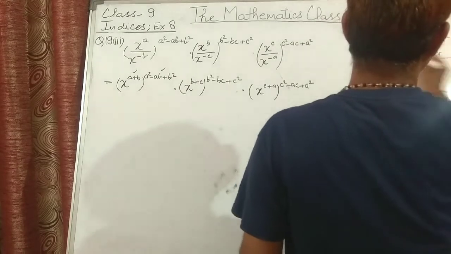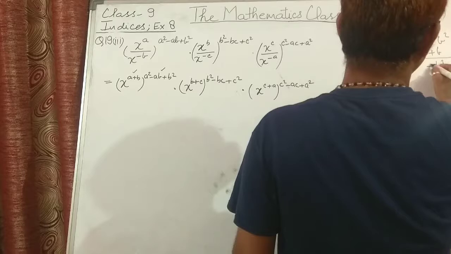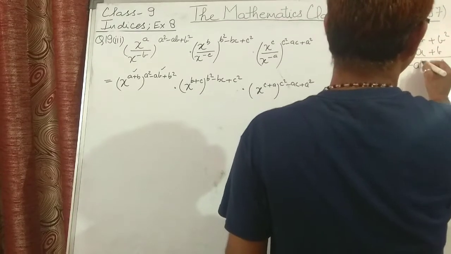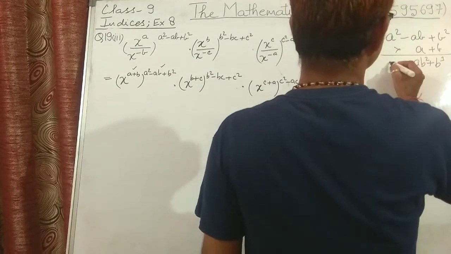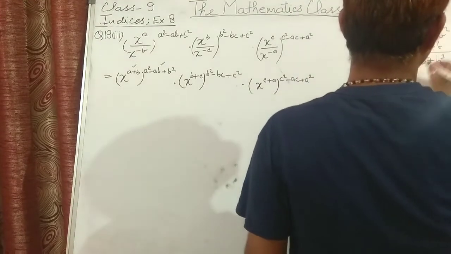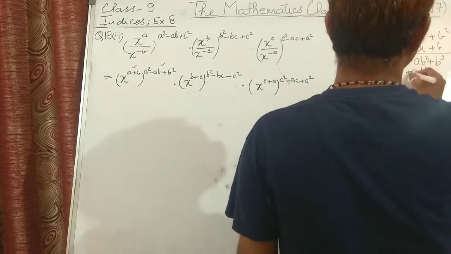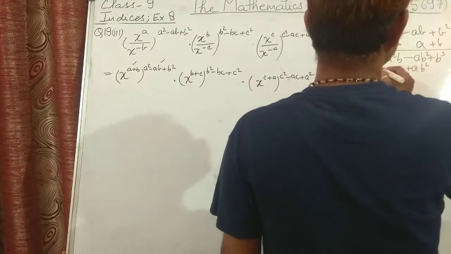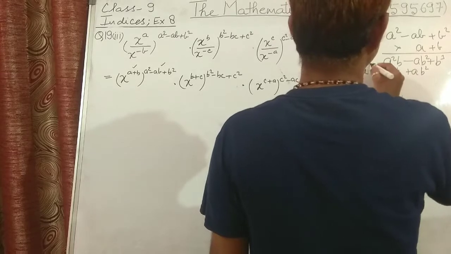When you multiply, b into b square is b cube, and b into minus ab gives minus ab square, and this will become a square b. Then again we multiply a into b square. A into b square is plus ab square, minus a square b and plus a cube.